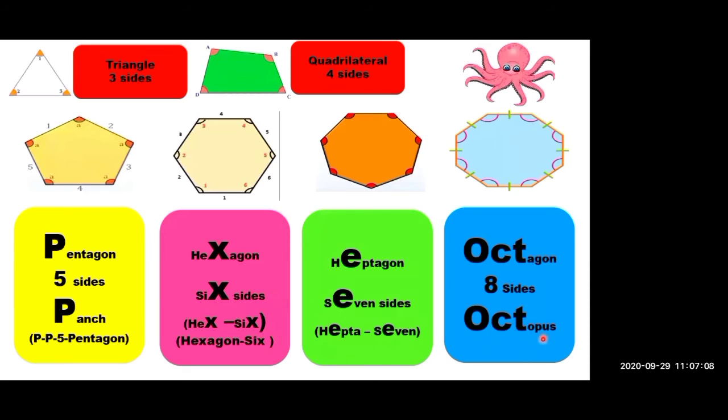Yes, octopus जिसके 8 legs, octagon जिसकी 8 sides. तो जब भी आप octagon spelling देखोगे तो आप क्या याद रखोगे? Yes, octopus. और octopus के कितने legs? 8. So octopus, 8, octagon.